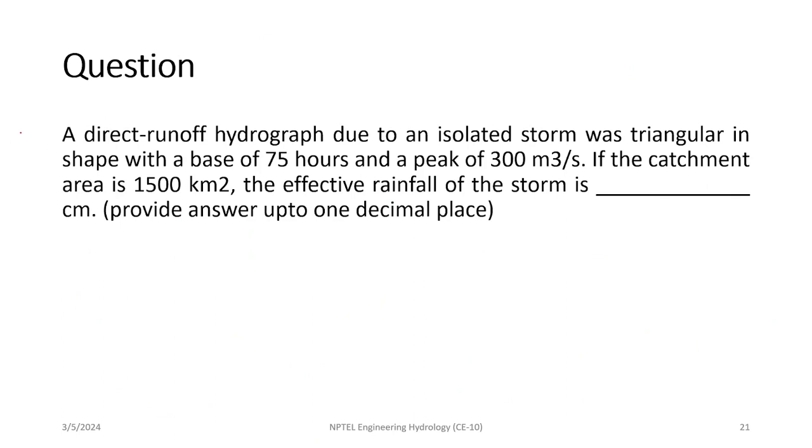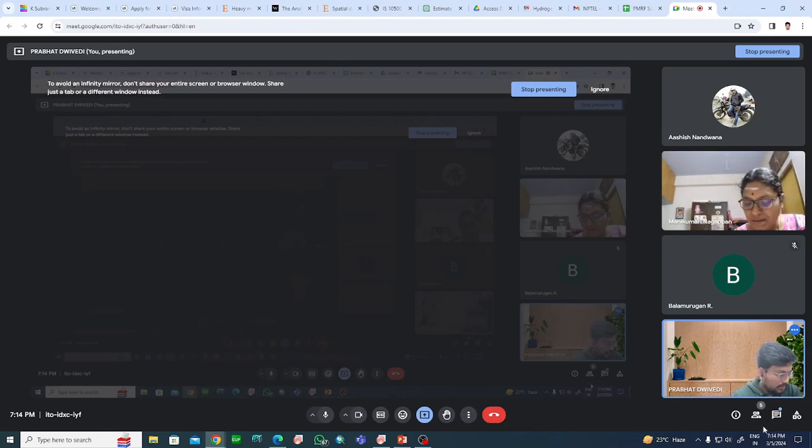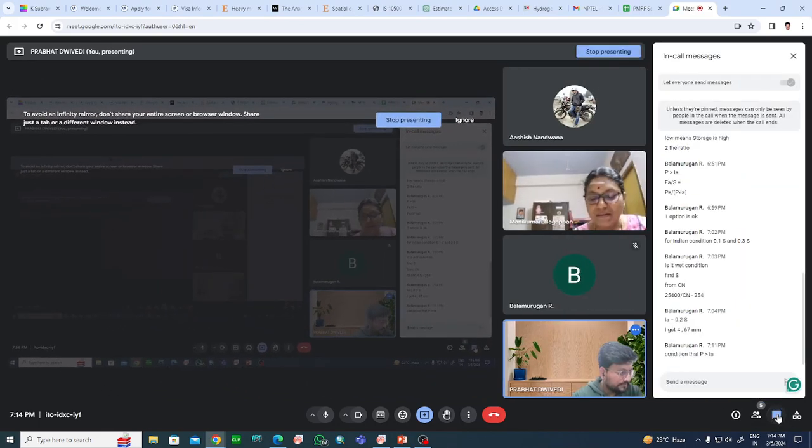Now we are moving to the next question. Balamurgan, the condition is that P is greater than IA.